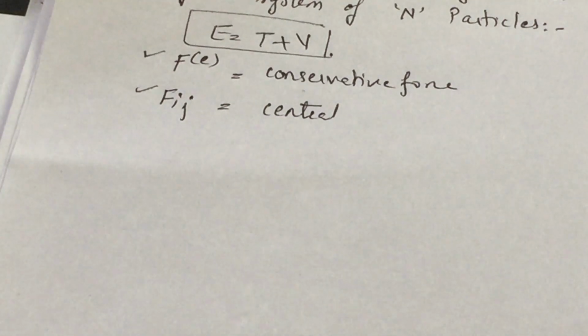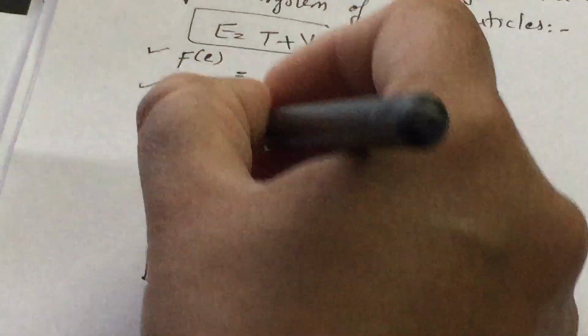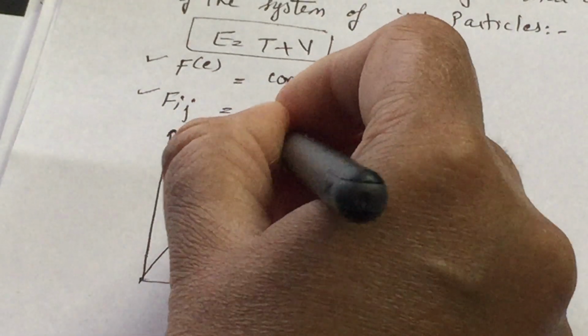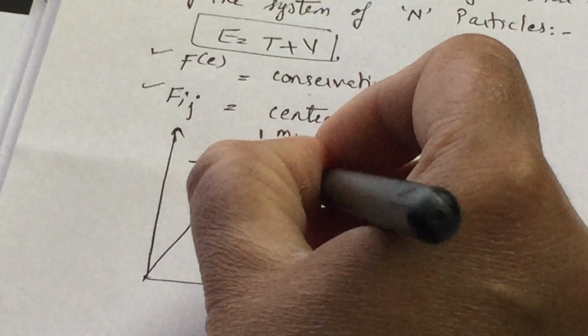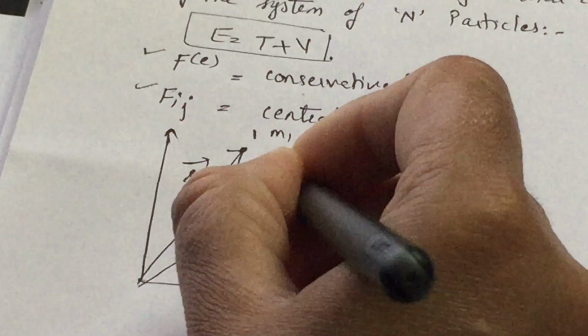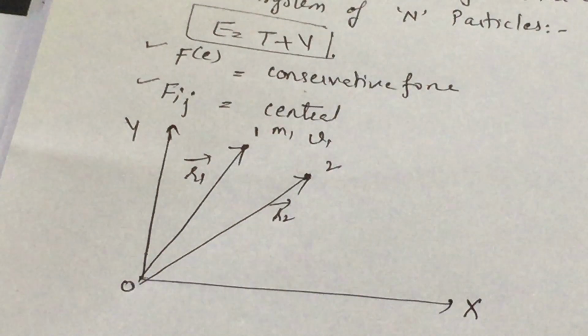Let us consider that we have a large number of particles in the system, and this is our first particle, having position vector r1, mass m1, and velocity v1. Similarly, this is our second particle, with position vector r2 with respect to the origin O and coordinate axes x and y.